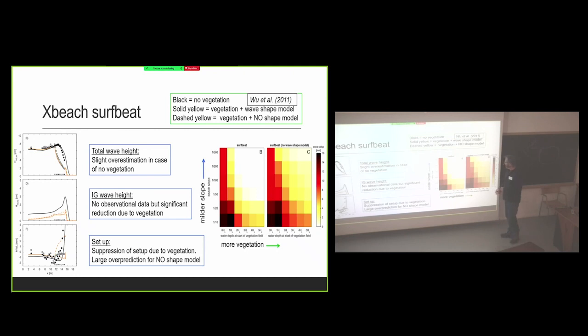What I want you to look at is the model where we include the wave shape, and the model without the wave shape. You can see that the setup is significantly reduced compared to the case where you do not include the wave shape. So it allows you to run it on a wave group scale, but still get good estimates for the setup.